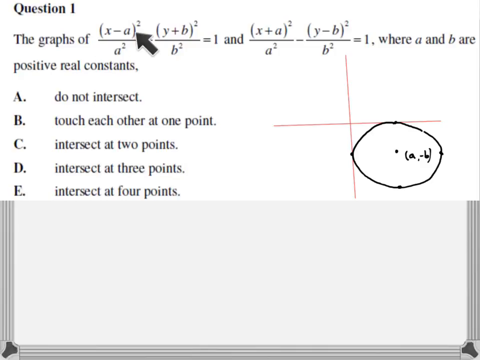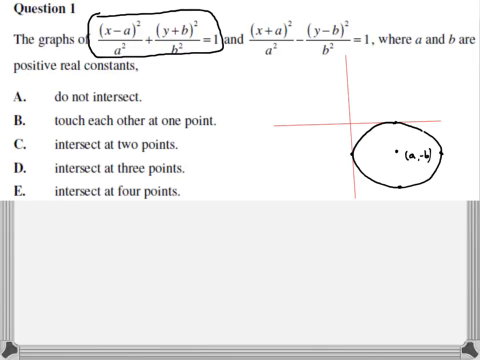Okay, now this a and b are the same numbers as the a and b in the denominator. So if I start with h and I'm going to subtract a, a take a gives me 0. And if I'm going to start at y is equal to negative b, and I'm going to plus b units, I'm going to get to 0. Okay, so they just sit on the axes there.